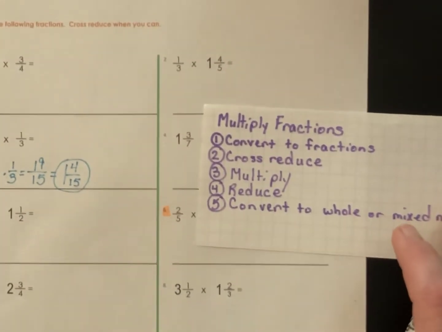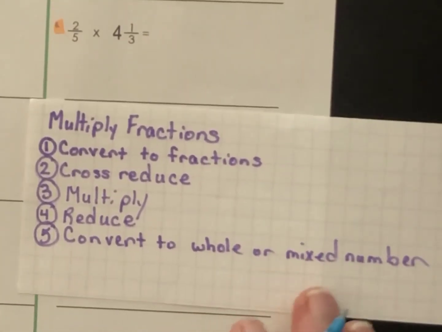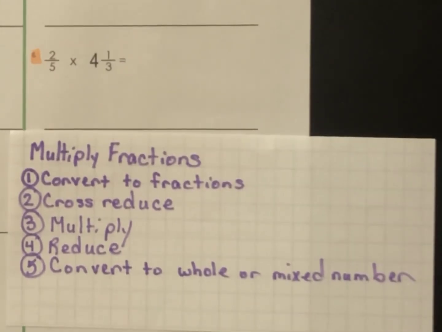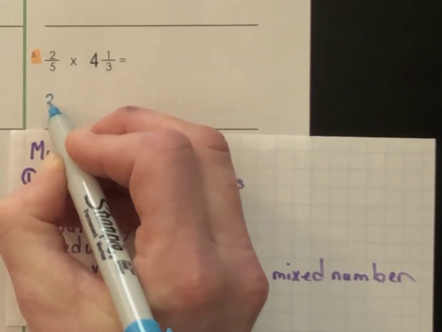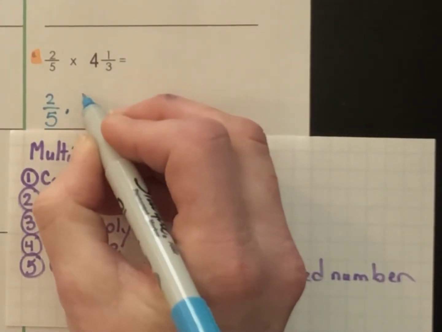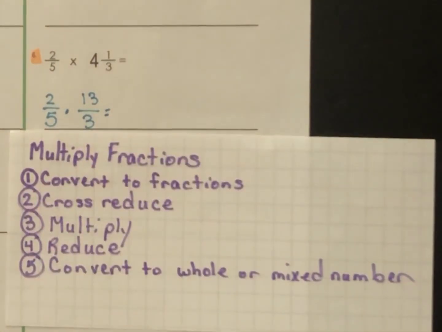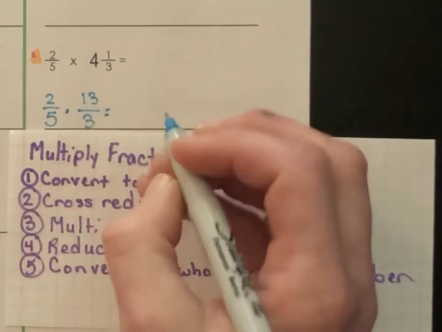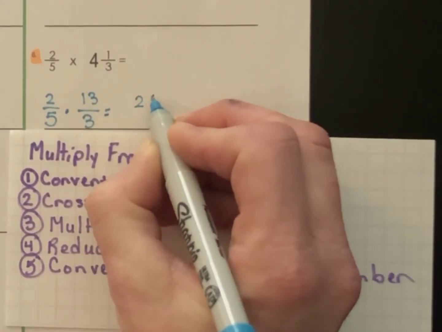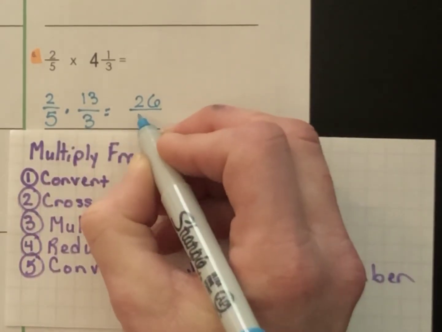Now, on to number 6. All right, so first thing I do is convert when I can. 2 fifths times 13 thirds. What do you know? Once again, I can't cross reduce. So multiply. 2 times 13 is 26. 5 times 3 is 15.